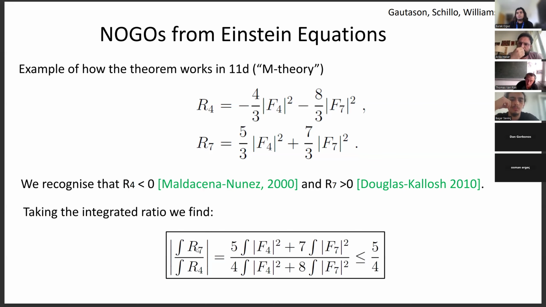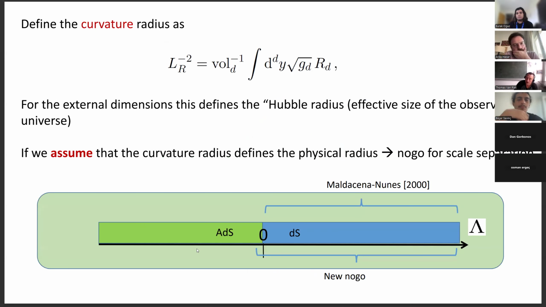Now you can ask me, hey, Thomas, is that important? How do you know curvature radius is the Kaluza-Klein radius? How do you know that? And I agree. So one way out of this no-go theorem would be that you can decouple curvature radius from Kaluza-Klein radius. And due to lack of time, let me just mention it.